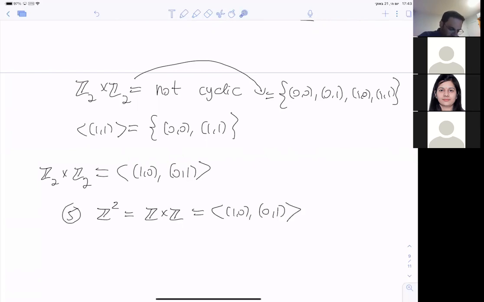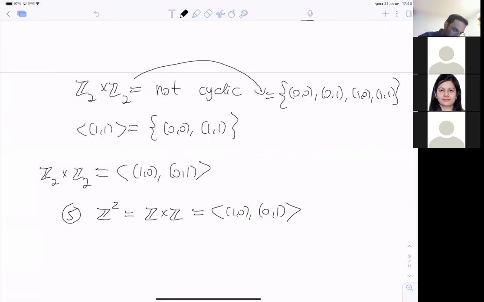Only there we had 4 elements, and here we have infinitely many. How did we call this set in linear algebra? You remember? Basis.